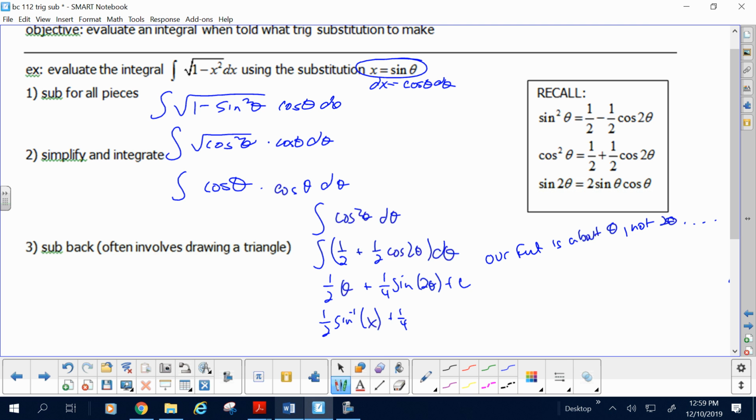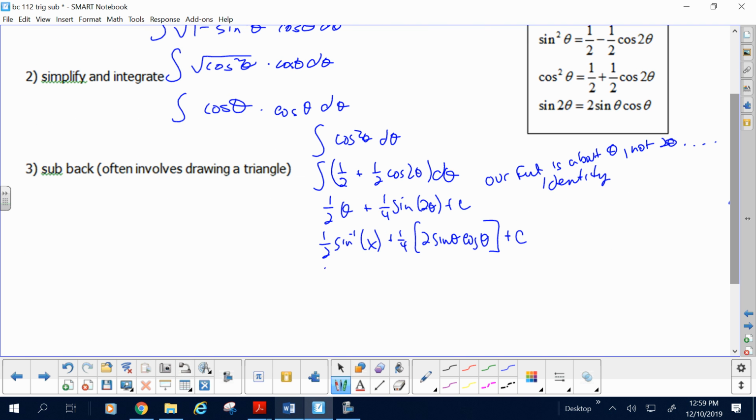So what do I do? If the problem is that it's 2 theta, not theta, then we should make it theta. How do I get it to something theta-ish? Sine 2 theta is equal to 2 sine theta cosine theta. Identity, yeah?